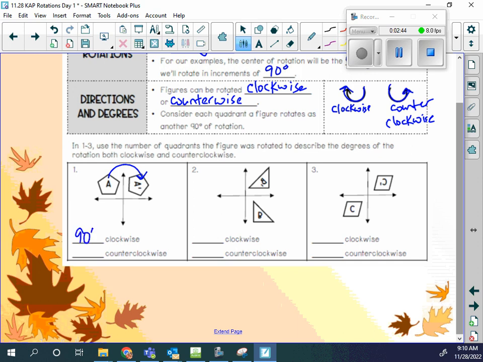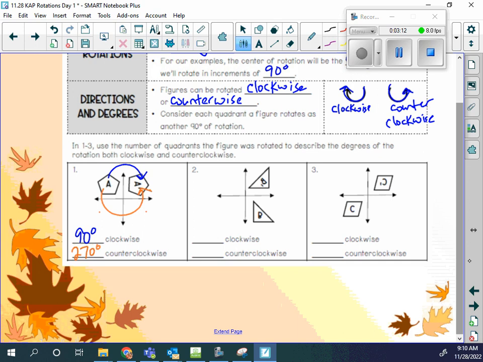It went 90 degrees clockwise, or I could have gone, no negatives, I could have gone this way, which would have been 90, 180, 270 counterclockwise. Does everybody see that those are the same? Okay, let's do another one.